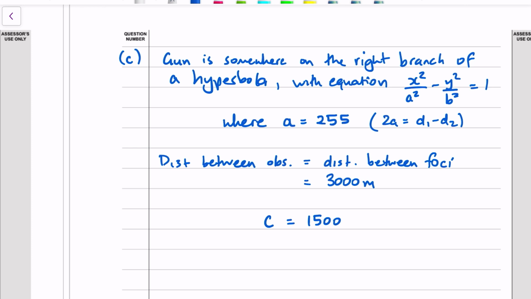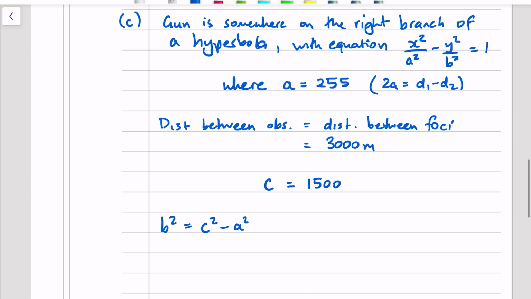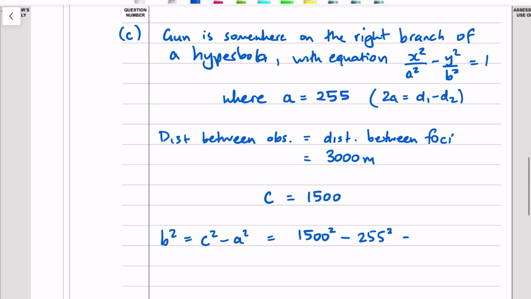C is not in the equation, but there's a formula on the formula sheet that connects A, B and C together for a hyperbola, and the formula is B squared equals C squared minus A squared. So we can go 1500 squared minus 255 squared to 184975.